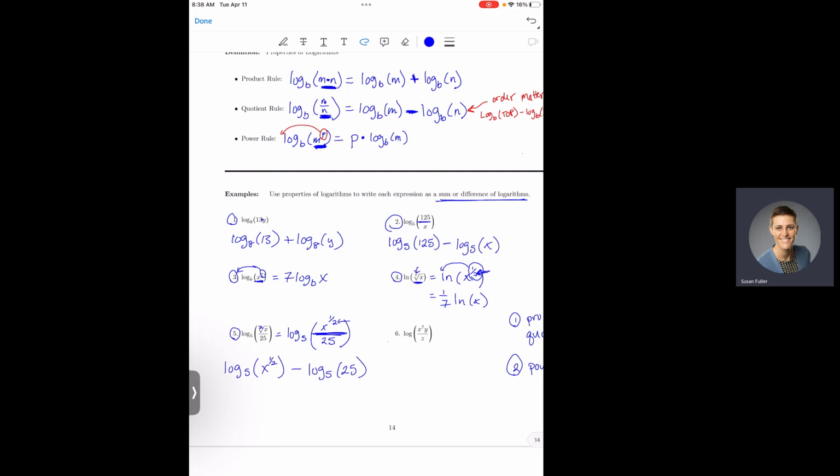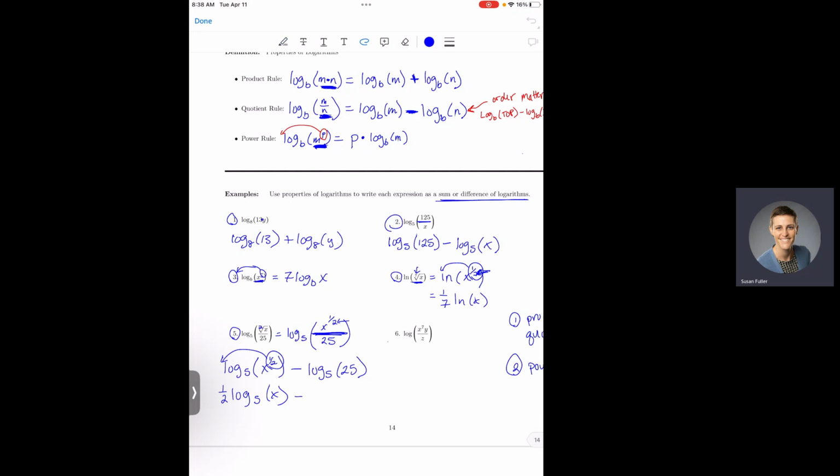And so now we have everything split up here, and there's no more multiplication or division happening in either of our logarithms. So now we can go to the power rule. This is an exponent. It gets dropped out front. So this is 1/2 times the log base 5 of x minus log base 5 of 25. Now there's no rules that we can apply here, but log base 5 of 25 is actually a nice number.